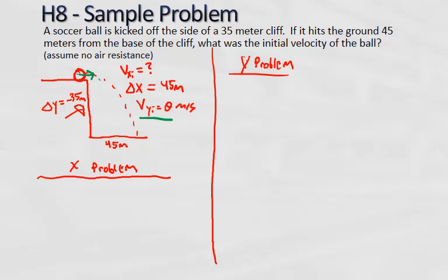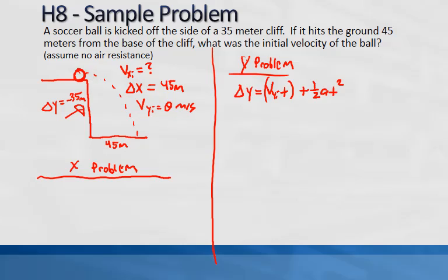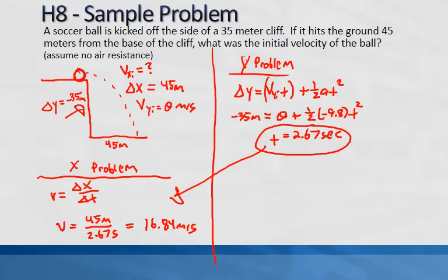There's no y velocity starting out. And so we can figure out our time of free fall is 2.67. And then we know how far it went, delta x. We know how much time. And therefore, we can figure out the initial x velocity, which is the x velocity the entire time, 16.84 meters per second.